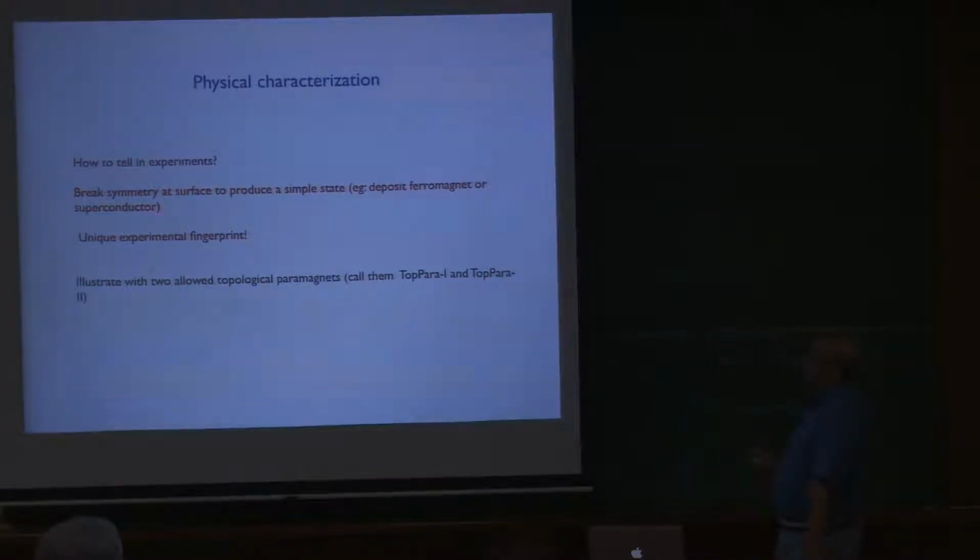So the general idea always is that to probe the non-trivial surface states, we imagine explicitly breaking symmetry at the surface to produce a simple state. And then we can study that simple state and see if it has some non-trivial property. In this case, the symmetries that we have are time reversal and charge conservation.